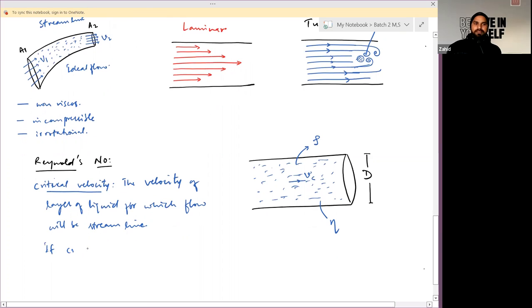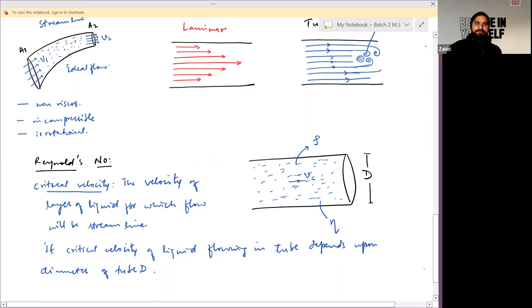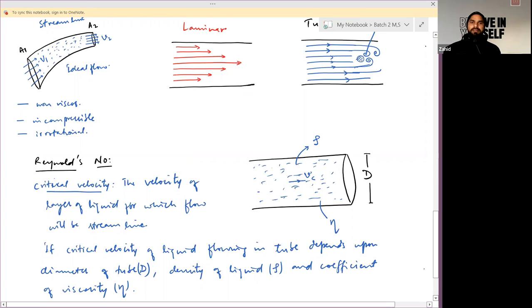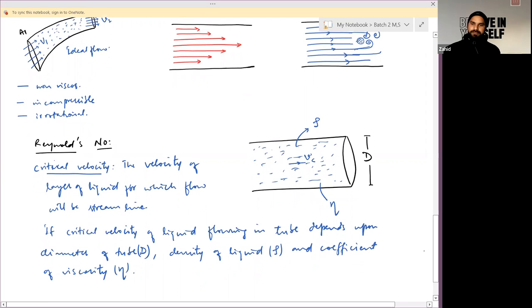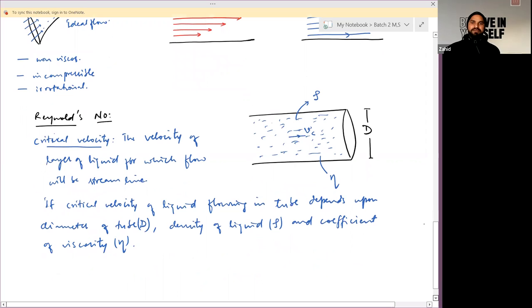If critical velocity depends upon the diameter of tube, that is d, density of liquid, that is rho, and coefficient of viscosity, eta, we have to derive a formula of this critical velocity depending upon these three different factors.